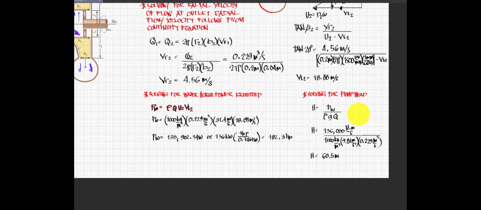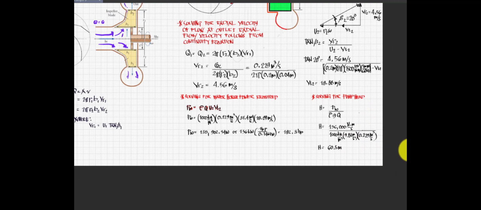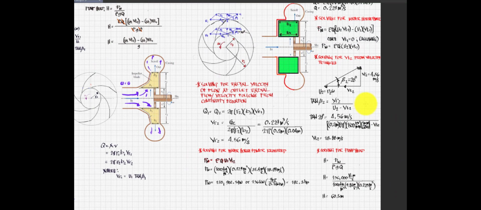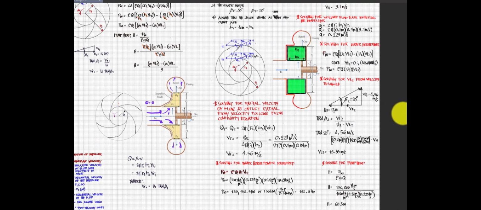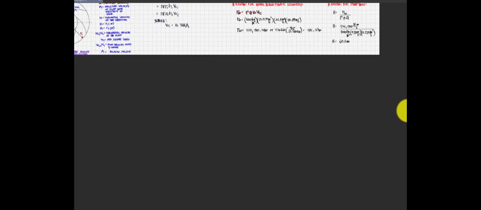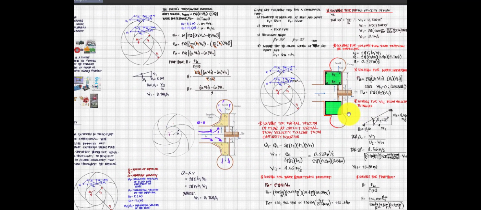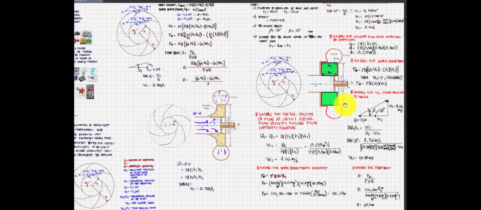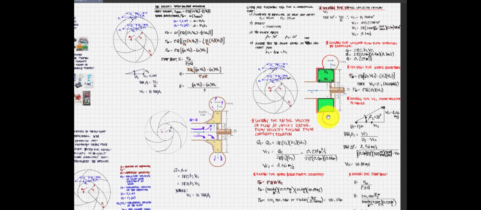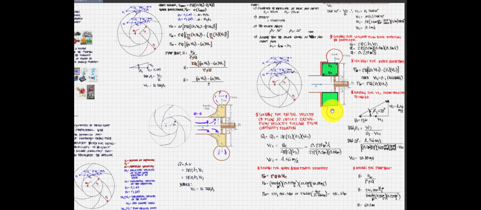So let's have a quick recap ng ano natin, solutions. Okay. So let's have an overview. So starting from here, we bring down the profile of the pump.